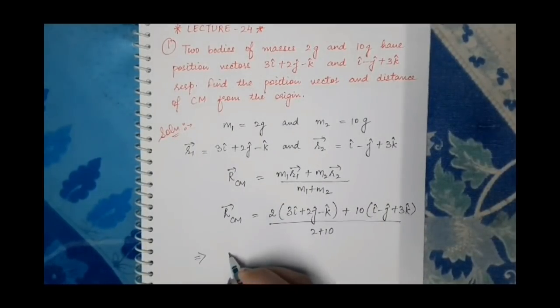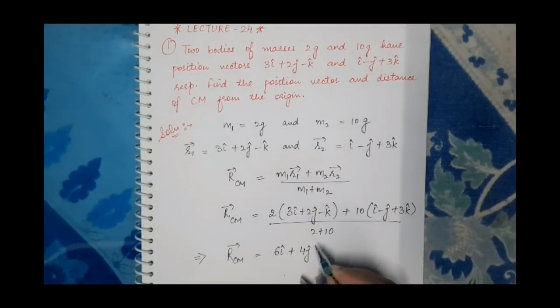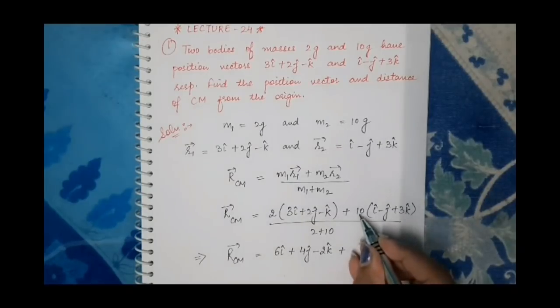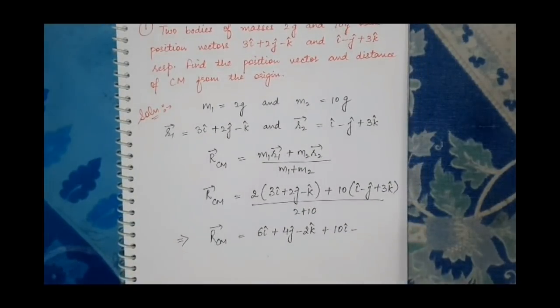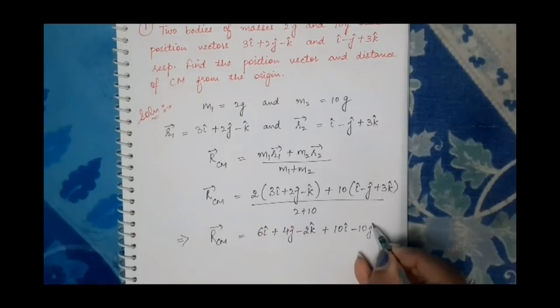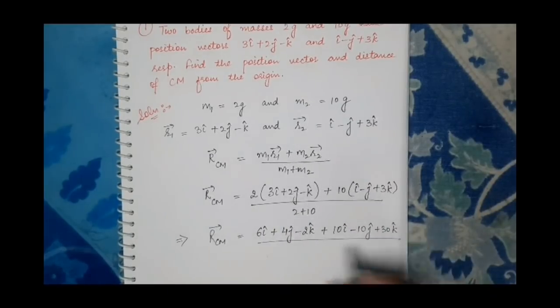So this implies R CM is equal to 3 into 2 is 6i cap plus 2 into 2, 4j cap, 2 into minus 1, minus 2k cap, plus 10 into i cap, 10i cap, minus 10 into j cap, it will be minus 10j cap, plus 30k cap, divided by 10 plus 2, which is 12.